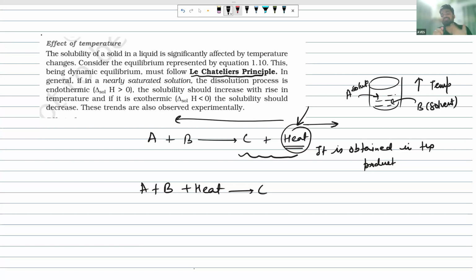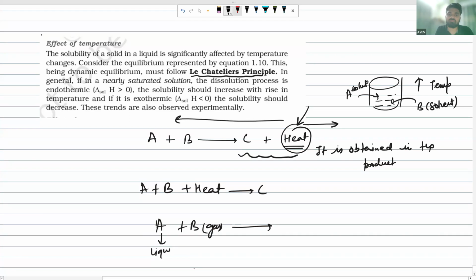So this simply indicates that in A plus B, when B is gas and A is liquid, or here we just took the solute as A, so we can take A as gas, dissolved in liquid.